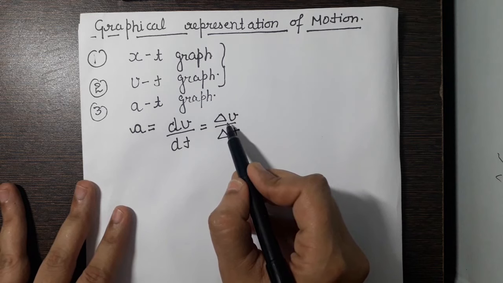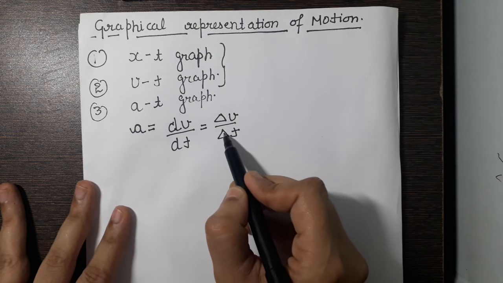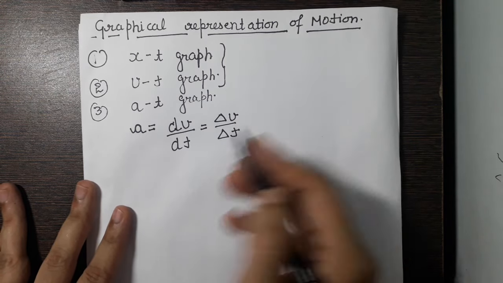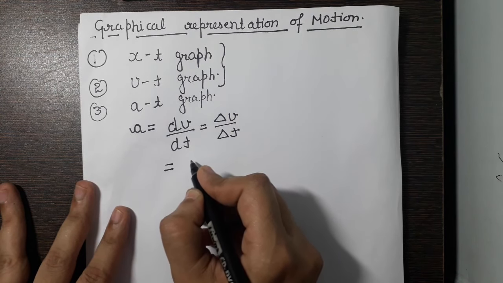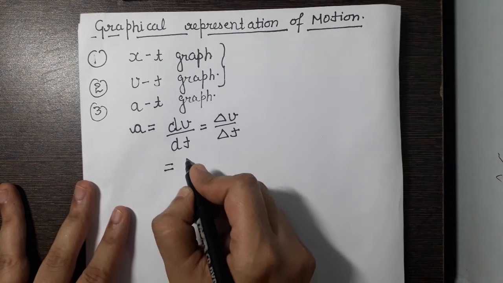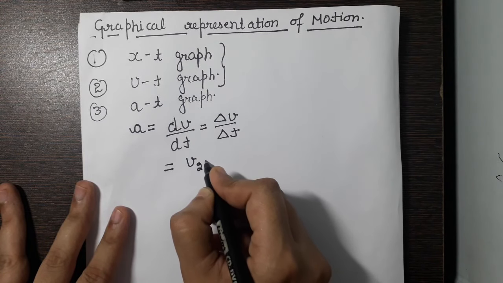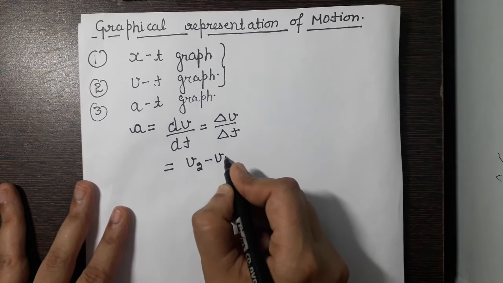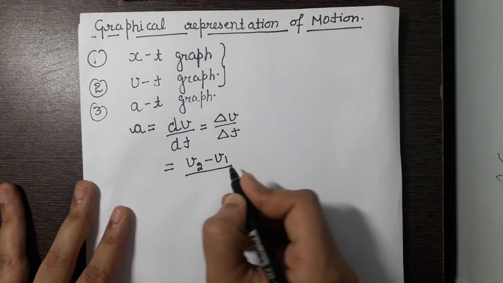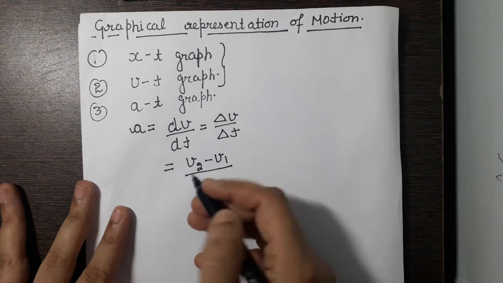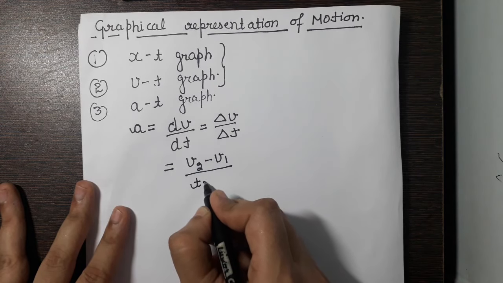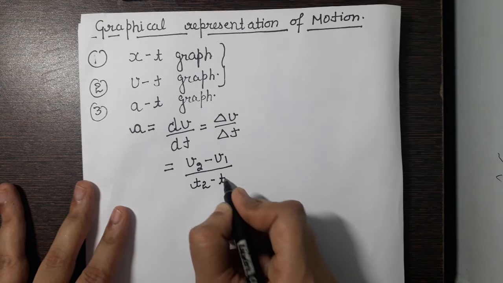This delta represents the change in velocity and change in time. The change in velocity is final velocity minus initial velocity. If v2 is final velocity and v1 is initial velocity, then change will come when we subtract the initial velocity from final velocity. Similarly, we can write the time t2 minus t1.